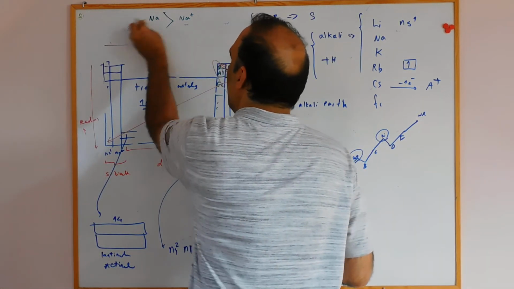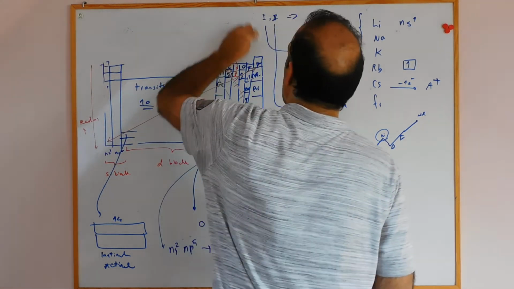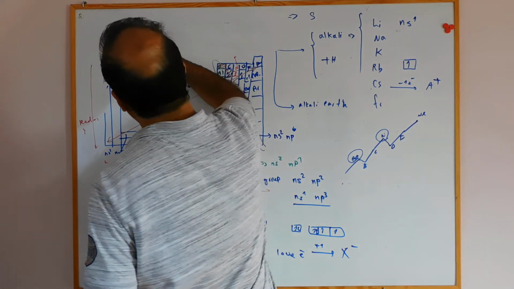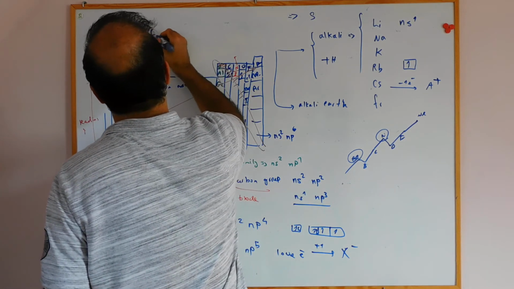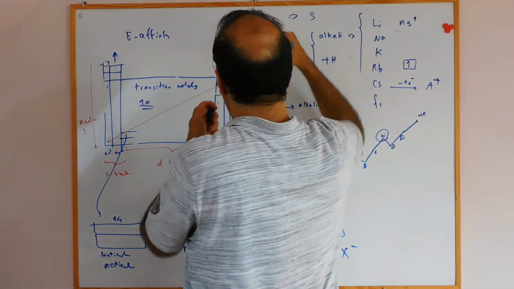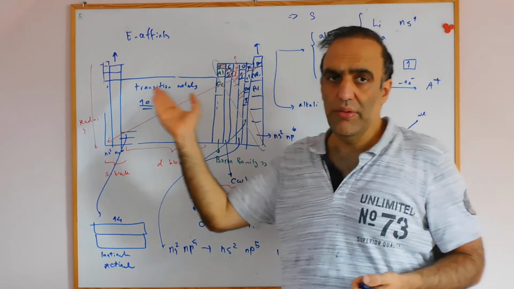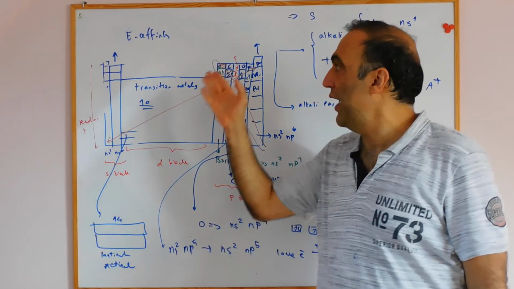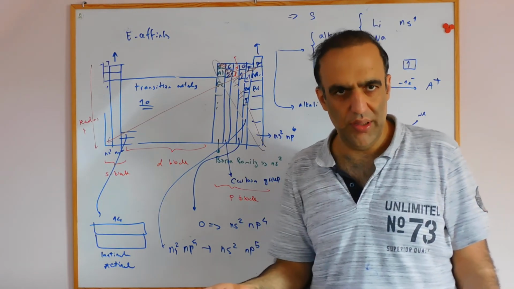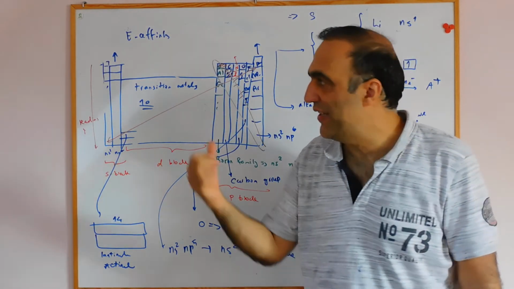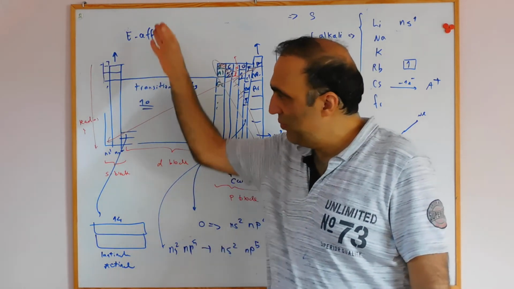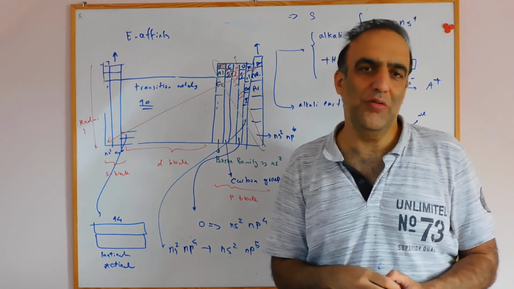Then I can explain very easily. As you see here, these two groups are the highest, and the other groups are less. Again from right to left, electron affinity decreases, because adding an electron to metals is very hard, and from up to down electron affinity also decreases.